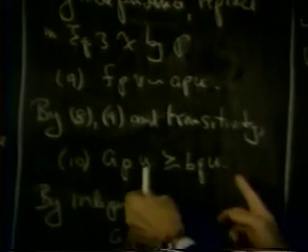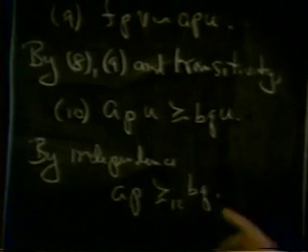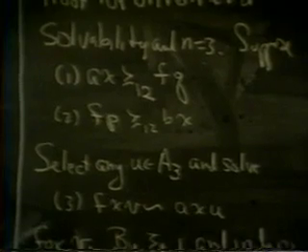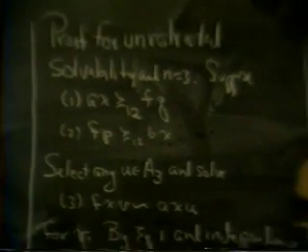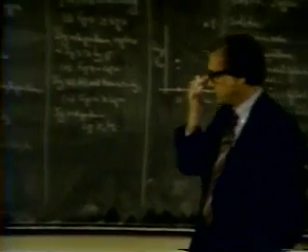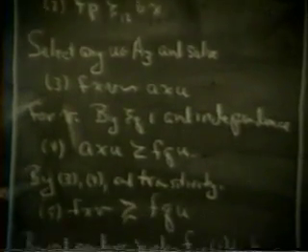And then, of course, using independence, the induced relation on the first two coordinates is AP greater than or equal to BQ, which is the property of double cancellation. Now, as I said, it can also be proved in the context of restricted solvability, but the proof is significantly more complicated. As you can imagine, the problem is that you don't always have the solutions you want when you want them in the case of restricted solvability, and you have to work around that difficulty.